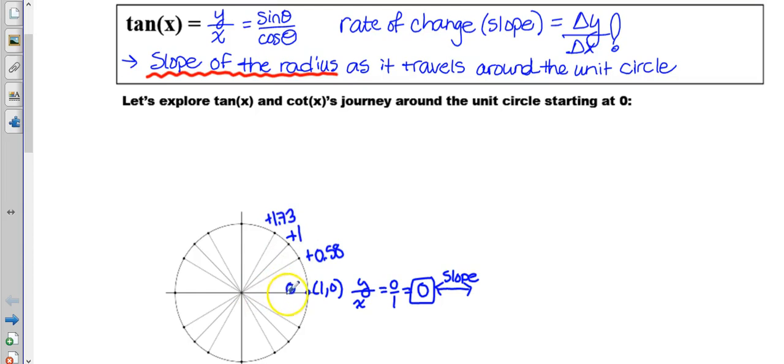So as we're moving from our original starting location here at a slope of 0, a flat horizontal line, we see these values gradually increasing, 0.58, 1, positive 1.73, and then we arrive here at our special value of 0, 1, which happens at pi divided by 2, or 90 degrees.